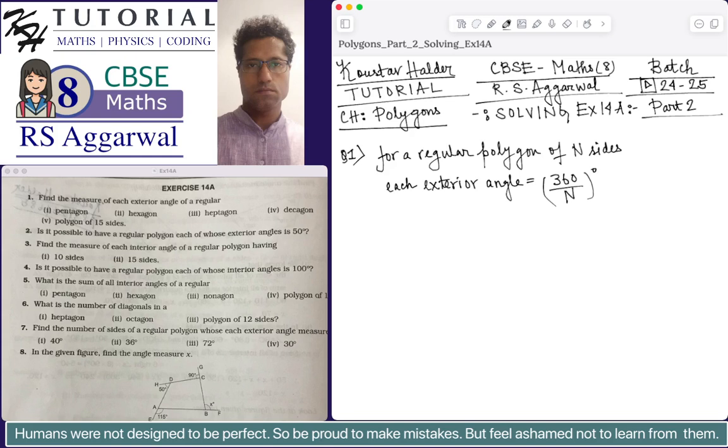Now we will use this formula to find the measure of each exterior angle of the given regular polygons.